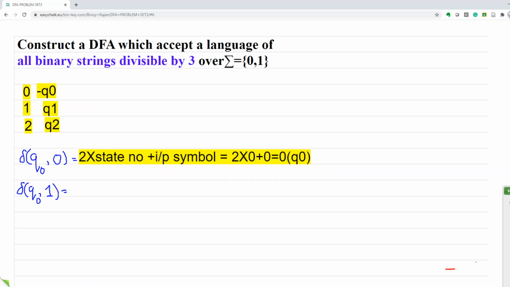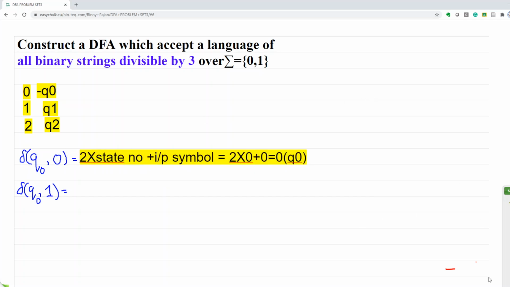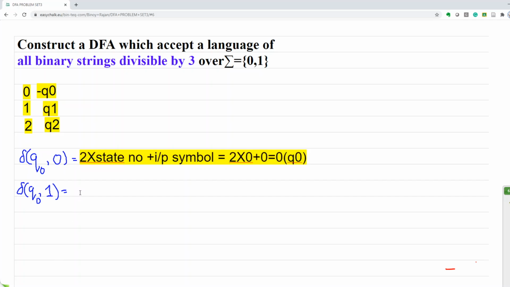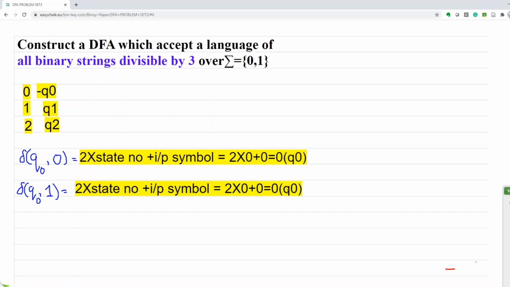Moving on, the state number remains the same, only the input symbol will change.